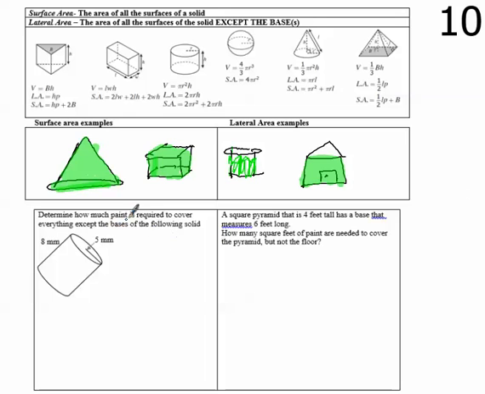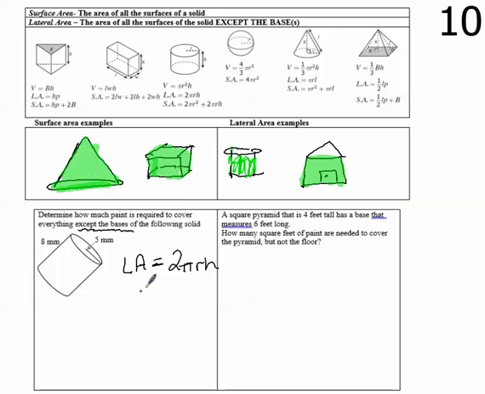Determine how much paint is required to cover everything except the bases of the following solid. What we've got here is a cylinder. Up here is my formula sheet. I'm doing everything except the bases, so I know I'm finding lateral area, just the sides, and that is 2 pi r h.